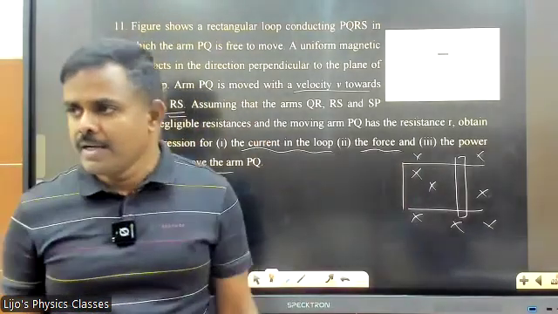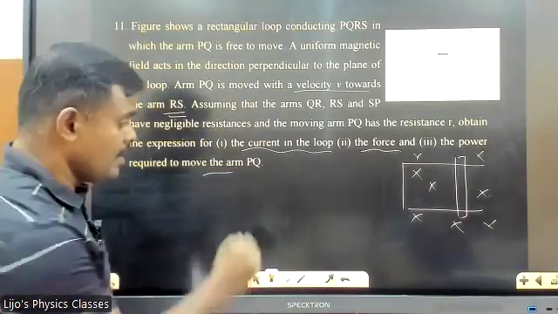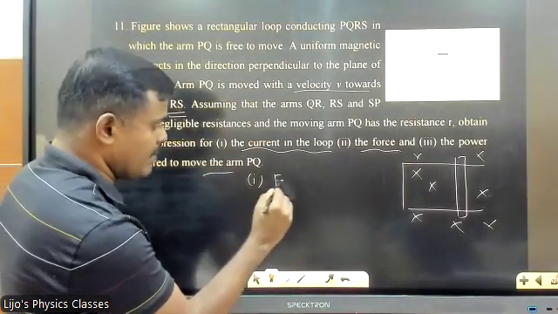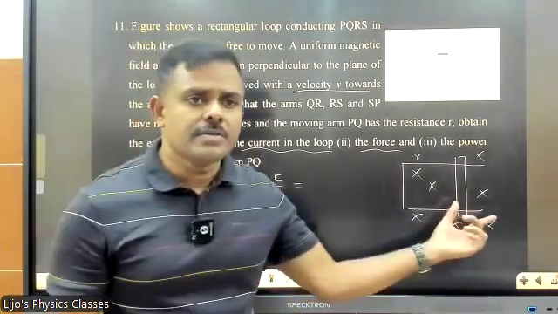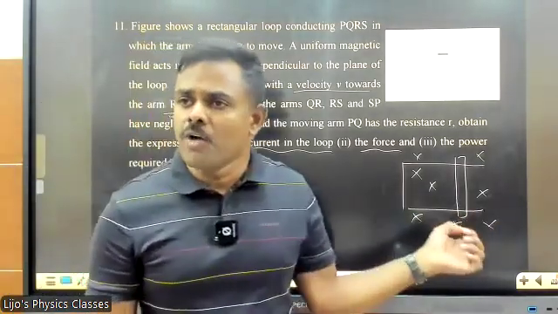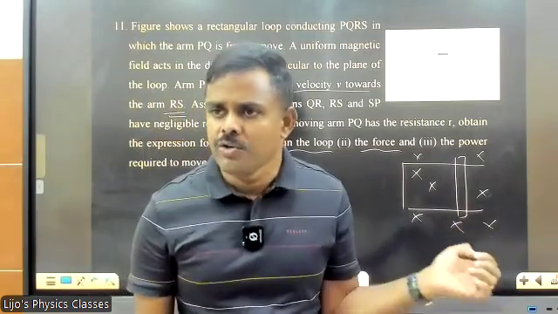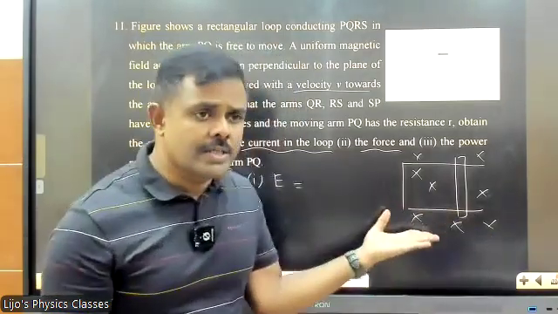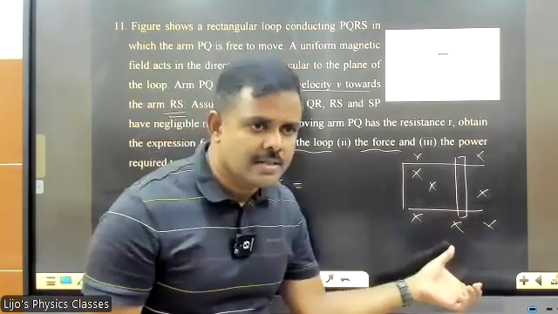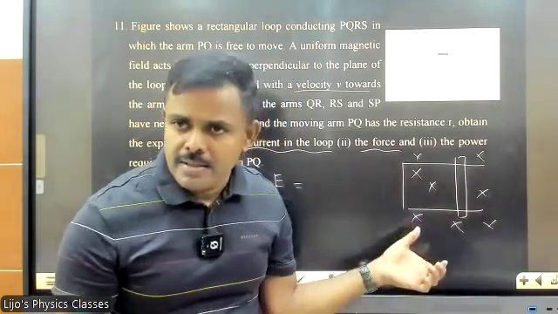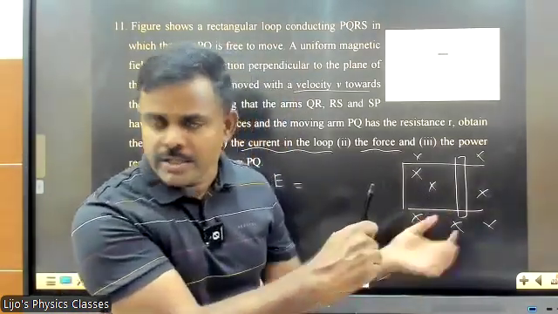What is the equation for motional EMF? Look at this. Obviously, this is a case of motional EMF. How do we know? Look at the figure. This is a magnetic field, isn't it? There is a rail, and you put a conductor on it. Then you have pushed it.